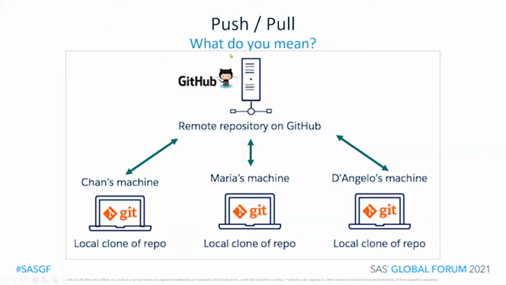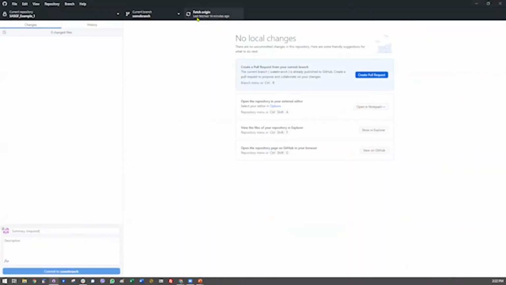But in our example, we created a repository. It is situated as the remote repository on GitHub. And we went ahead and created a branch and did a push. You also saw me in GitHub Desktop doing things that I termed fetching.